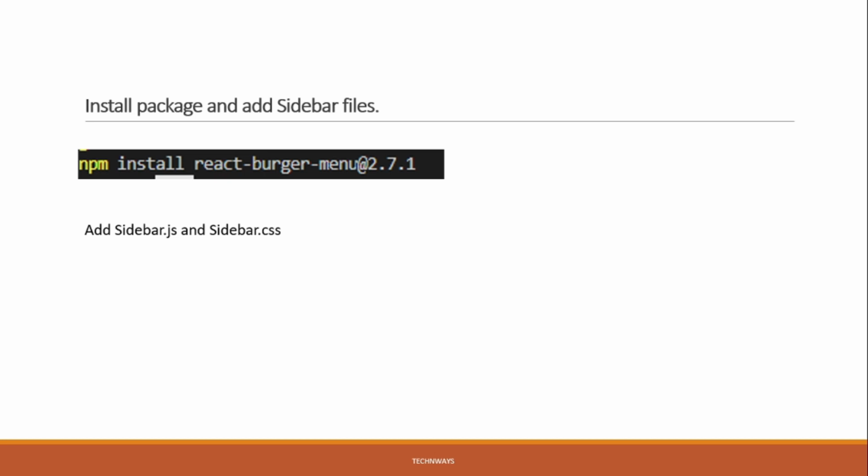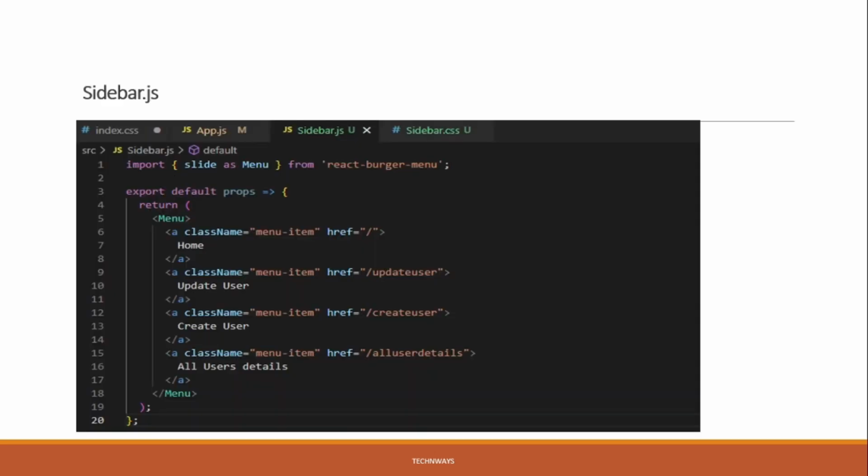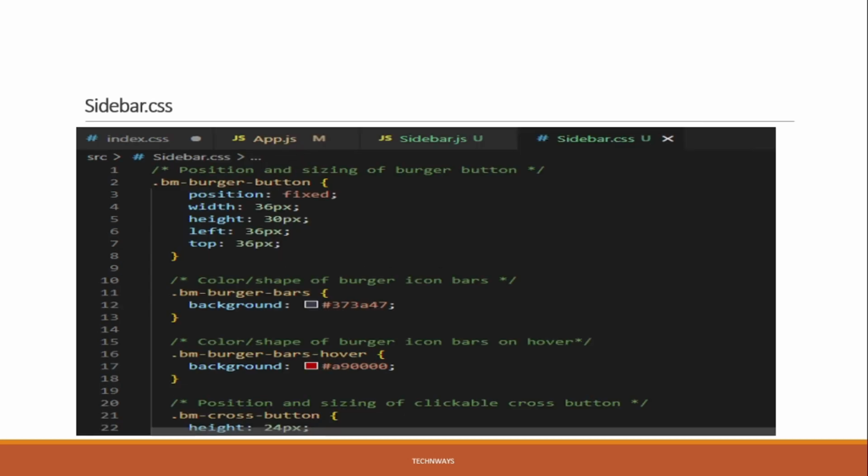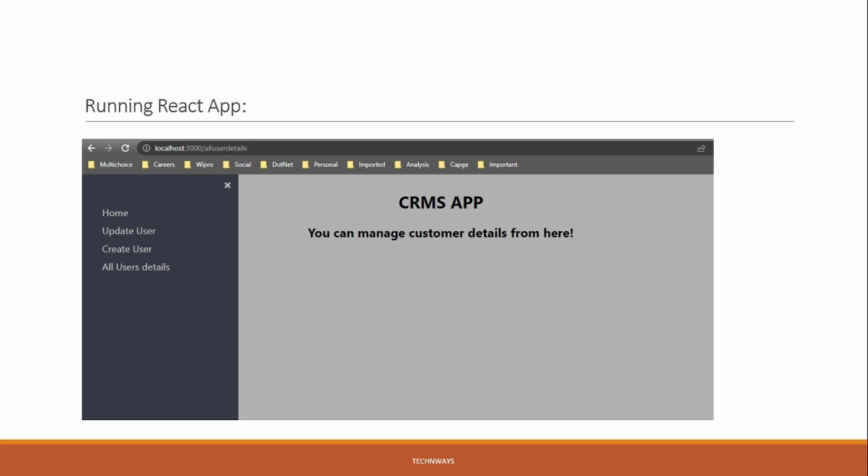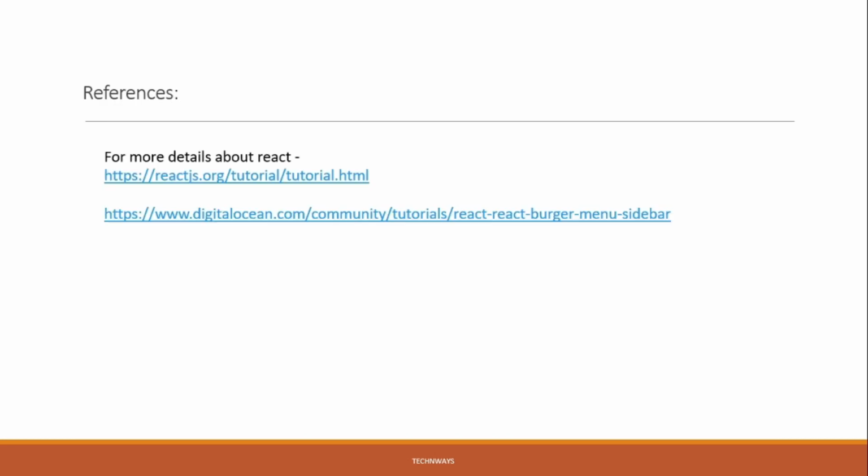We need to install this particular package, React Burger Menu, at this particular version, and we will be creating two new files, one for sidebar.js and one for sidebar.css. We'll be putting in some HTML code, and adding some CSS, and after that it will start replicating in our application.